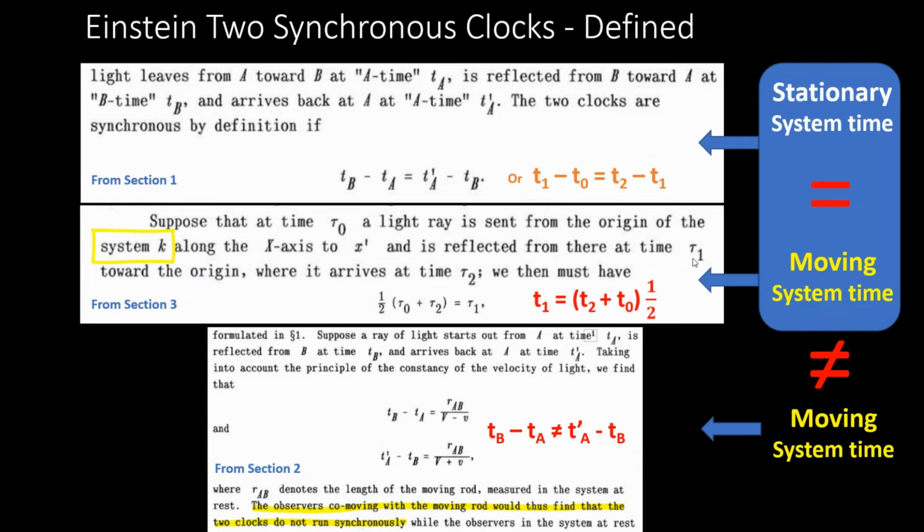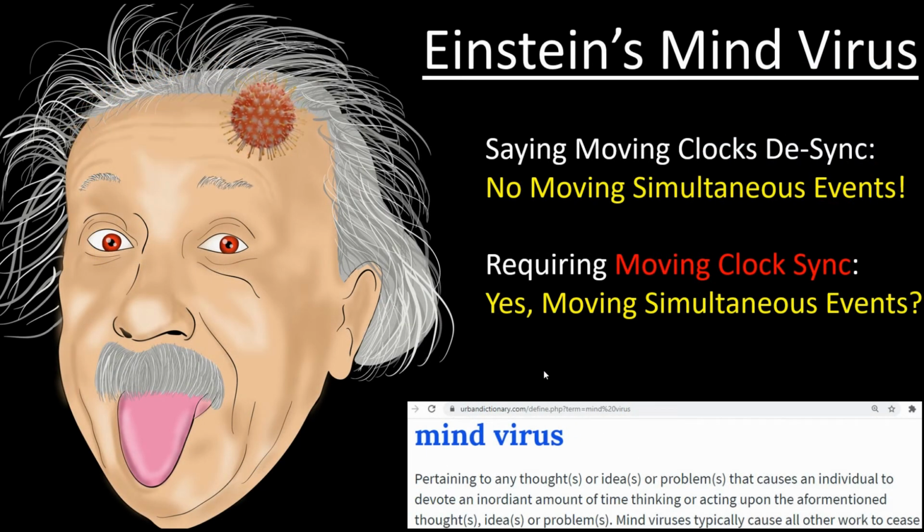But for some reason in this moving system, the time intervals equal each other. That's a blatant contradiction. Okay, so here we have Einstein playing both sides of the fence again. We have one thing, which is the moving system clocks, but getting 2 opposite answers: synchronization and desynchronization.